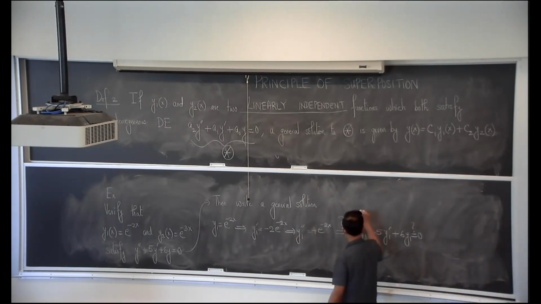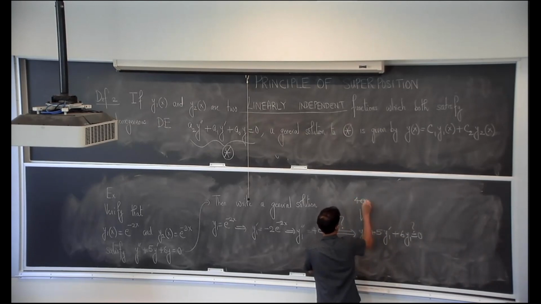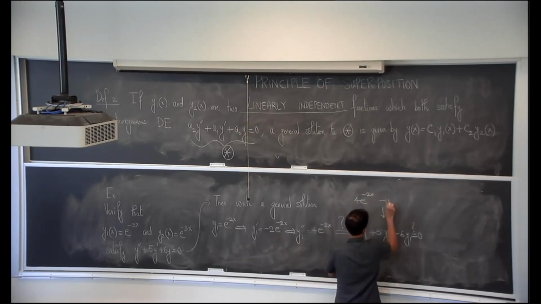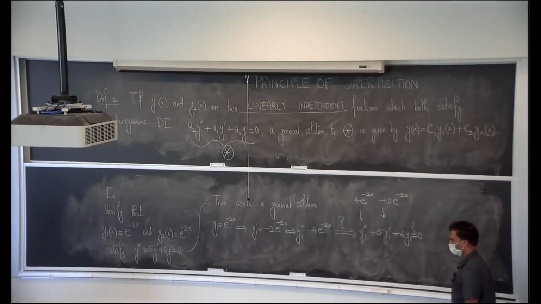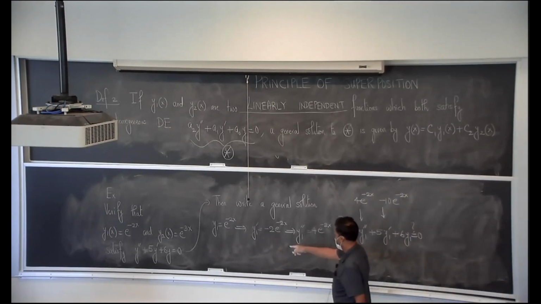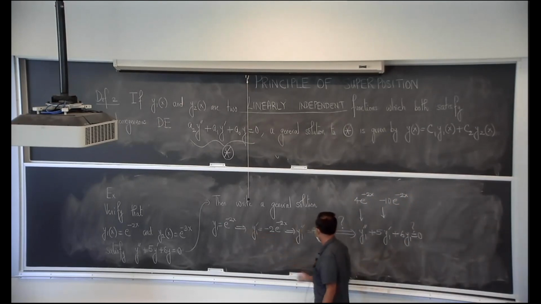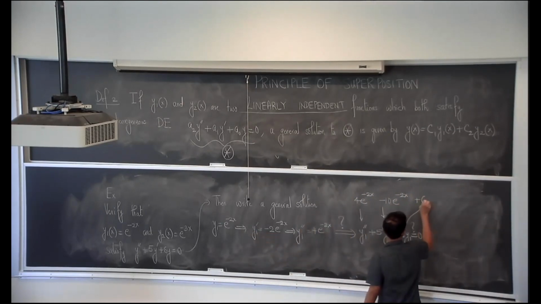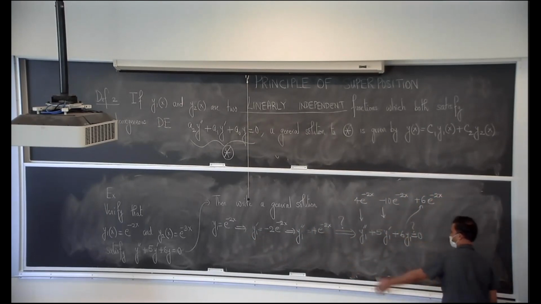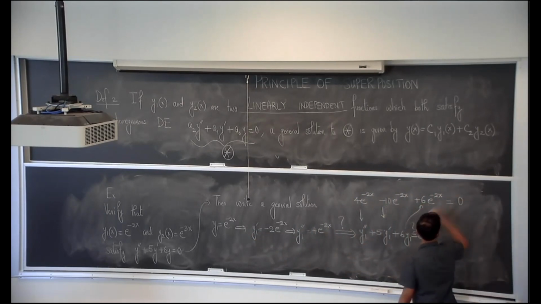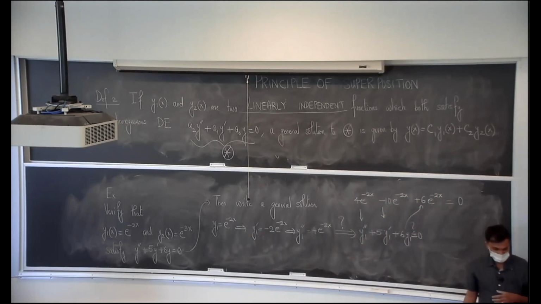So y1 double prime is 4 e to the power of negative 2x, plus 5 y1 prime is going to be plus 5 times negative 2, that's going to be minus 10 e to the power of negative 2x, plus 6 y1, that is going to be plus 6 e to the power of negative 2x. And you add them, you get 4 apples minus 10 apples plus 6 apples, 0 apples. So yes, it is a solution.